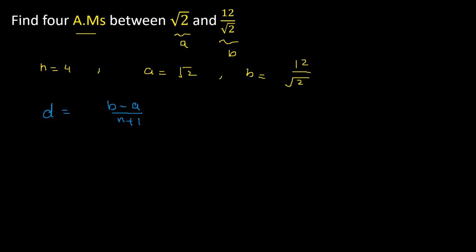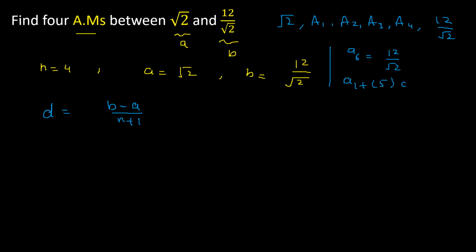If you don't want to do it this way, just using the direct formula, you can put four arithmetic means between these, given as a1, a2, a3, a4, and here we get 12 over root 2. So how many terms are here? 6 terms. So it gives a6 equals 12 over root 2, and by definition that will be a1 plus 5d equals 12 over root 2.